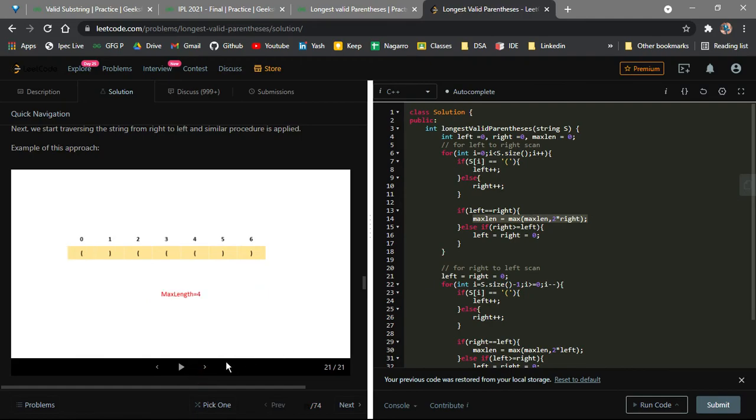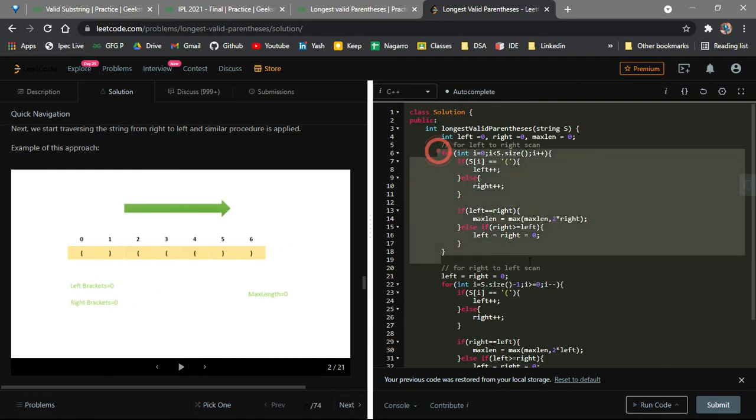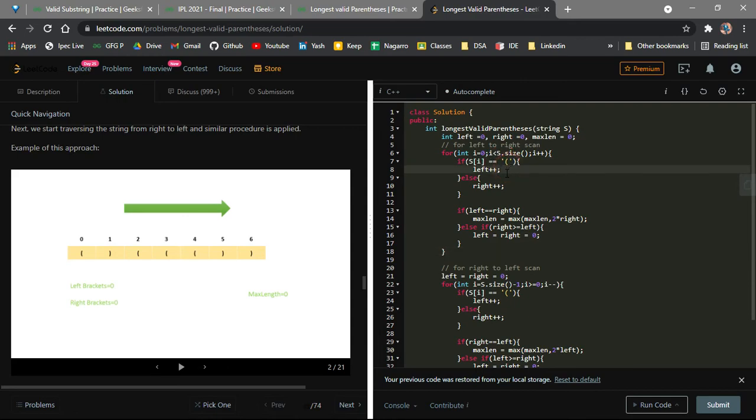So the same thing we did here also. Left to right traverse: if it's an opening, then increment left. If it's a closing, then increment right. If left is equal to right, then store the max length.